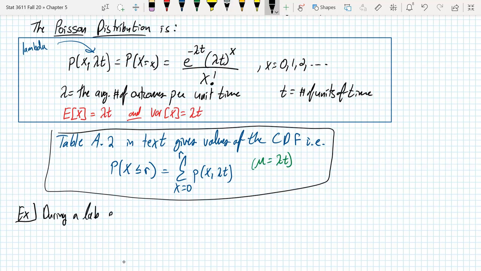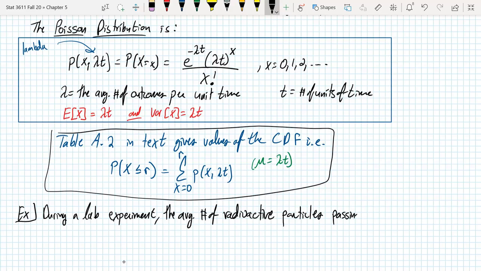Let's say that during a lab experiment, the average number of radioactive particles passing through a counter in 1 millisecond is 4.